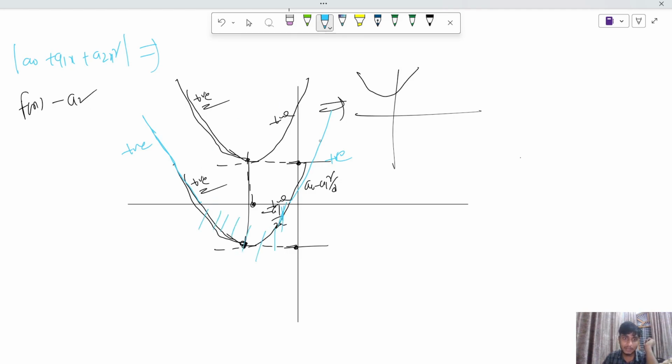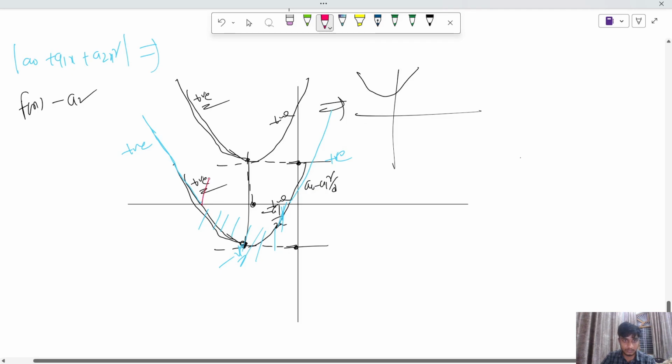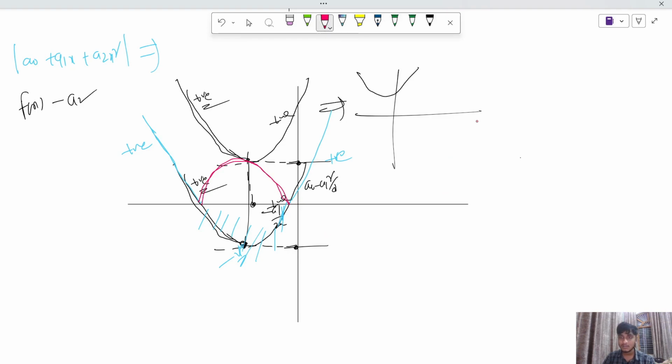This is the mirror image, so I have to shift it upward because this is negative. So let's take a different marker. Yeah, so this is how it will look like. Okay, it's somewhere like this, right? Yeah, so this is how it will look like.